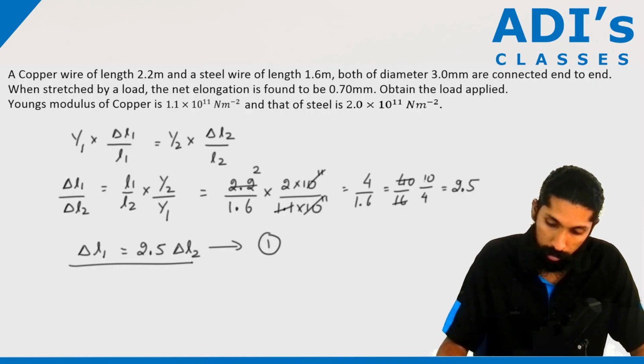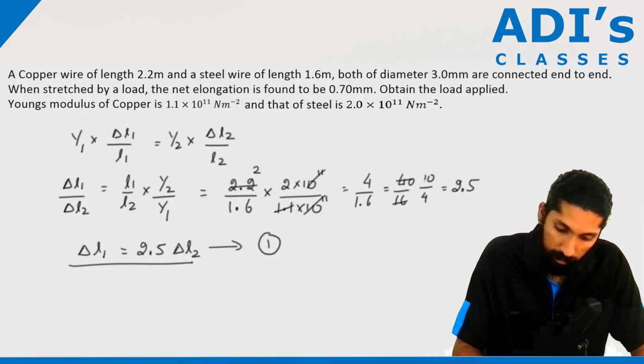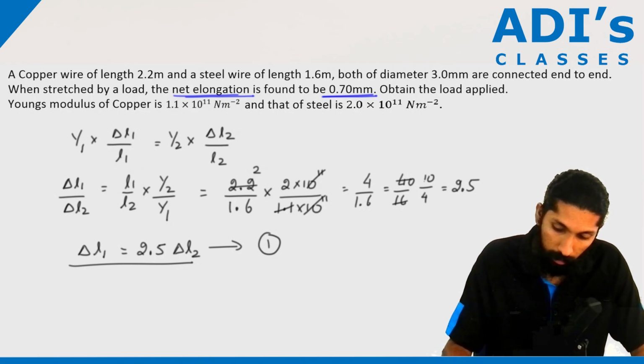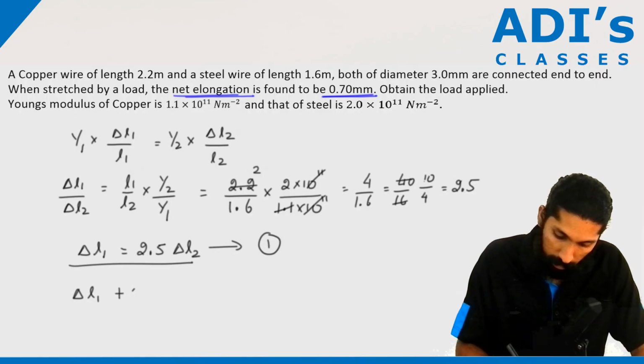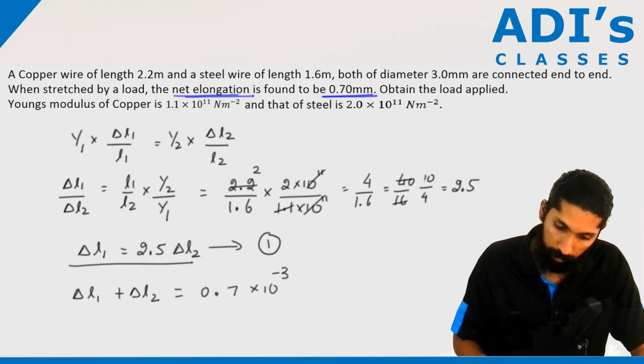Now, if you look at this particular question, it says that net elongation is 0.7 mm. What do you mean by net elongation here? Delta L1 plus delta L2 is equal to 0.7 into 10 to the power of minus 3 meter.